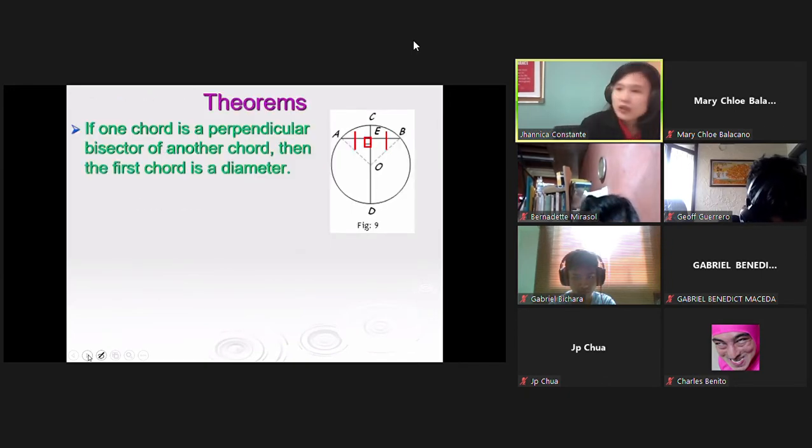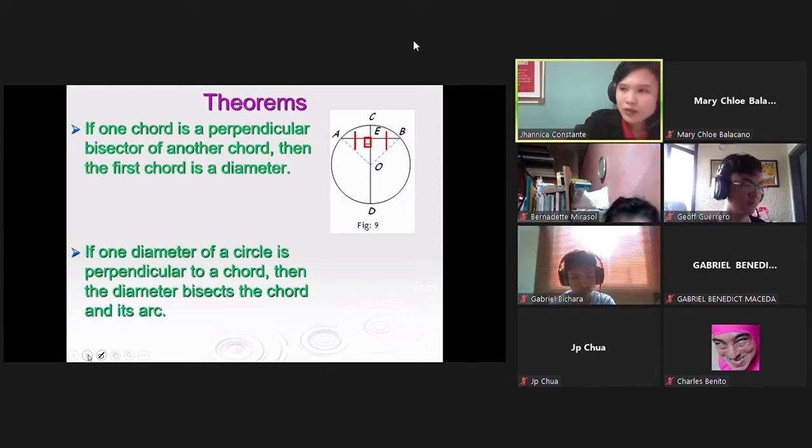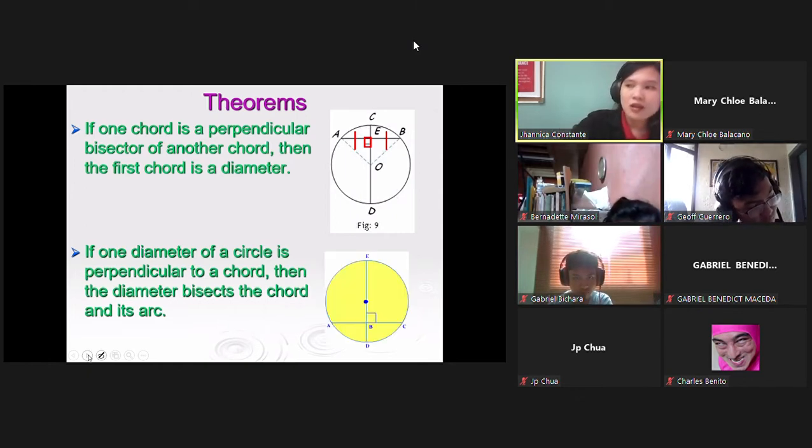The second theorem that we have for the congruent circle is if one chord is a perpendicular bisector of another chord, then the first chord is a diameter. If one diameter of a circle is perpendicular to a chord, then the diameter bisects the chord and its arc.